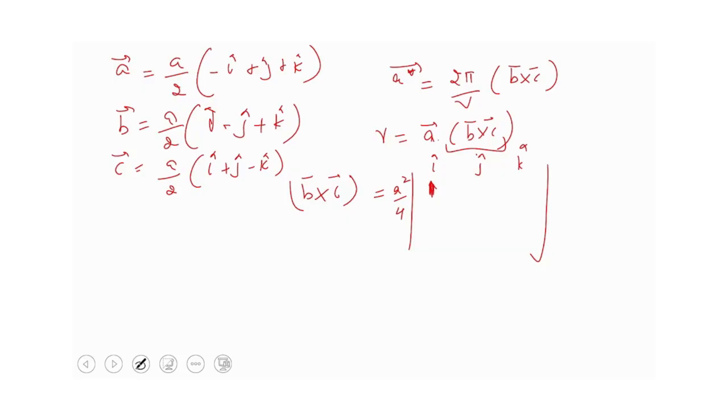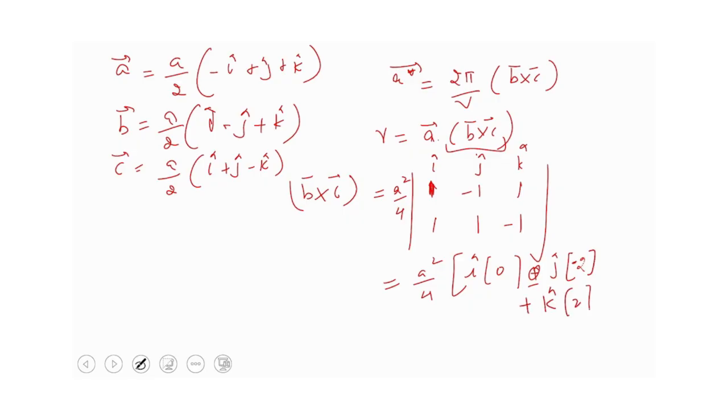B is 1, minus 1, 1, and C is 1, 1 and minus 1. When we calculate this, the i cap component will be 0, j cap will have 2 minus 2... sorry, j cap will have 2 and k cap will have 2.